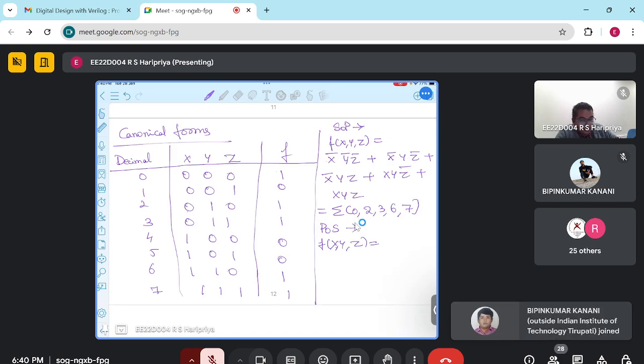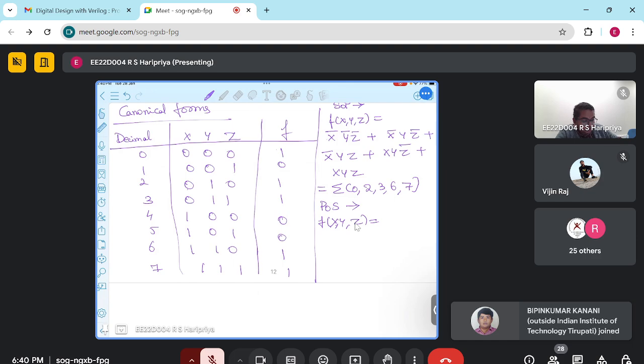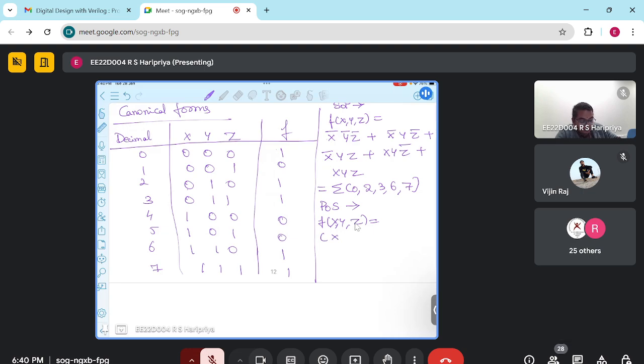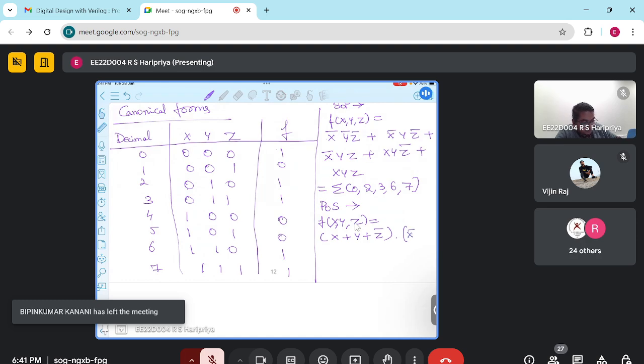So for POS, the function is considered when it is 0. So that is, when the value is 0, 0, 1, it's x plus y plus z complement. When it is 1, it is in complement. Next, when it is 0 at 4, so x complement plus y plus z.